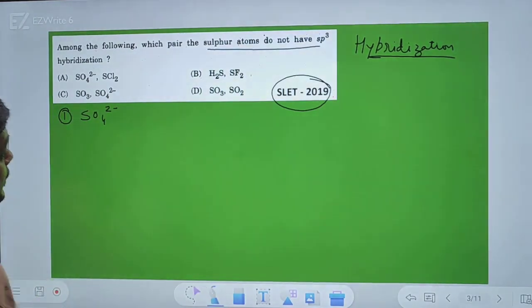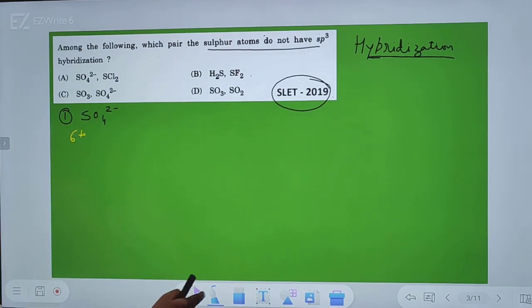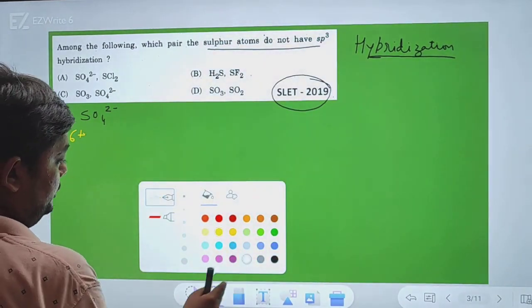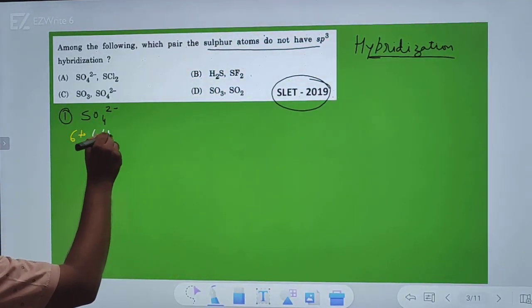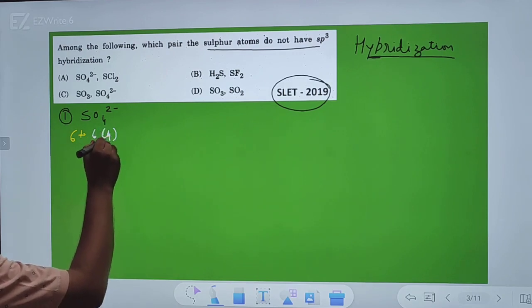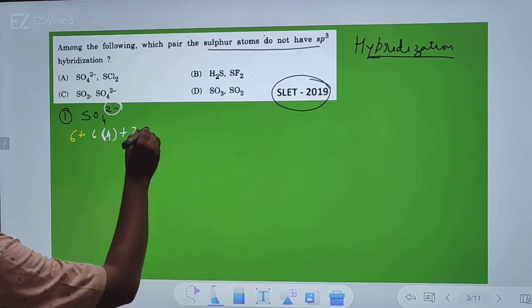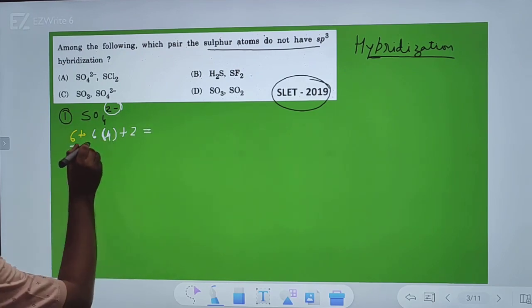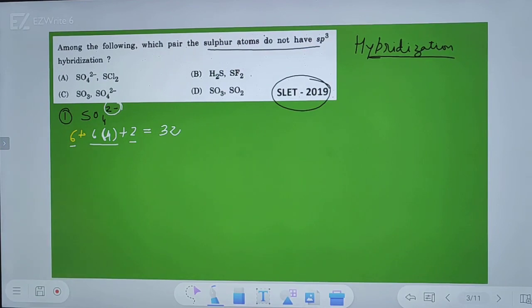Whenever I say SO4 2 minus, 6 electrons from sulfur along with 6 electrons from each oxygen, I have 4 such oxygens plus excess of 2 electrons. So what will happen? 6, 6, 4, 24 and 2. So I will be ending with 32, friends.